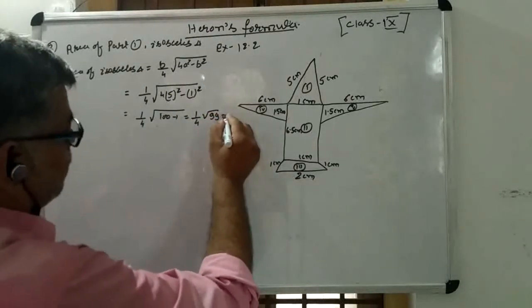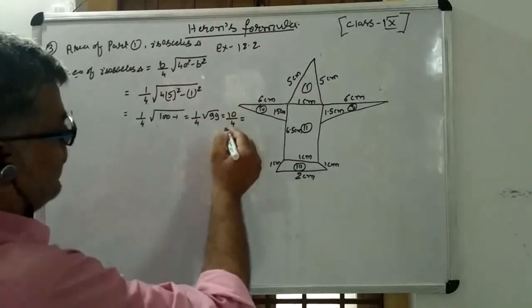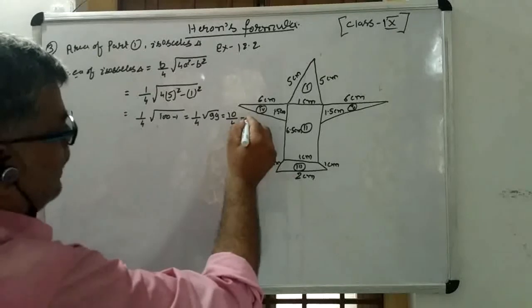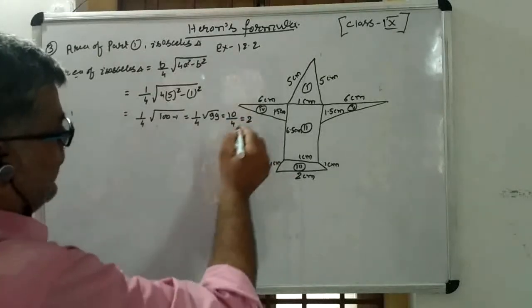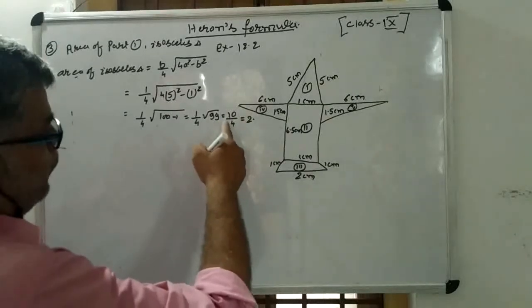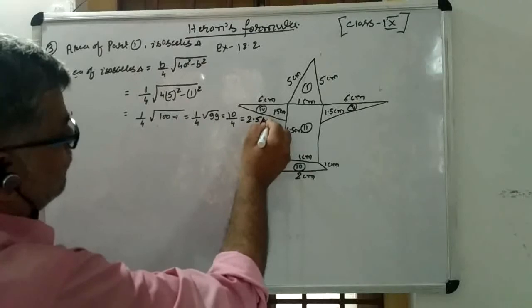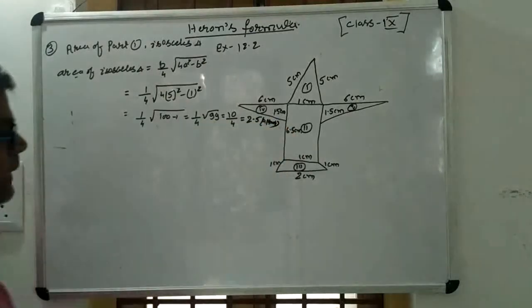So it will be 10 by 4. When you divide it, you will have approximately 2.5. So this is the area of the first part.